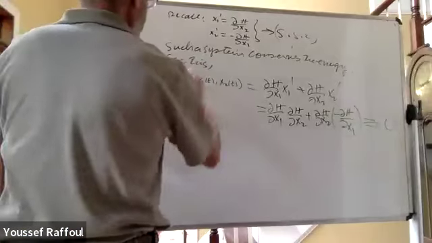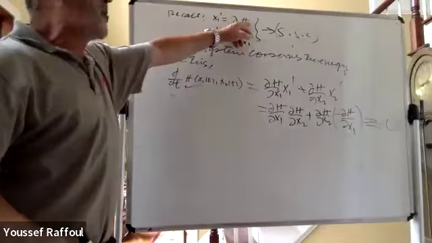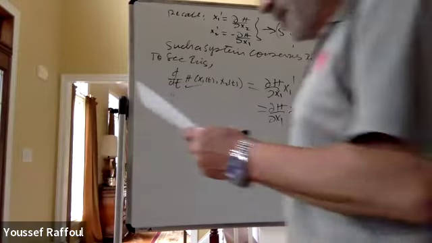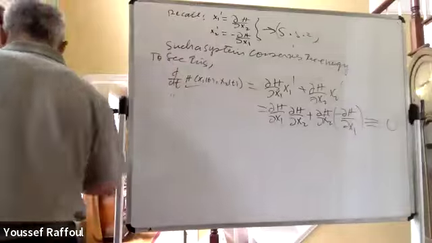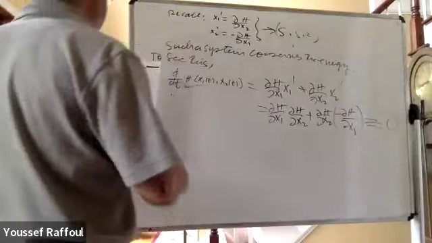So the energy is always conserved. So if you can find such a function H so that your original system is in such a way, then your system is Hamiltonian. All right.